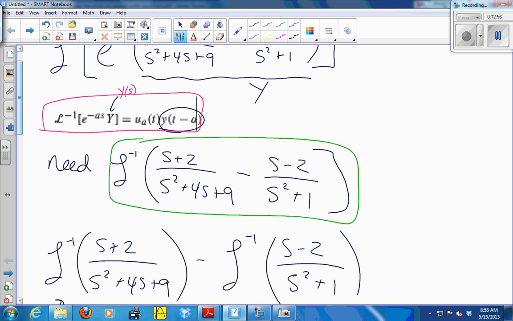For the inverse Laplace, it doesn't have an e. But it was e to the negative as, and it becomes u sub a and shifted by a. So it has its influence, but there's no e in the inverse Laplace transform.